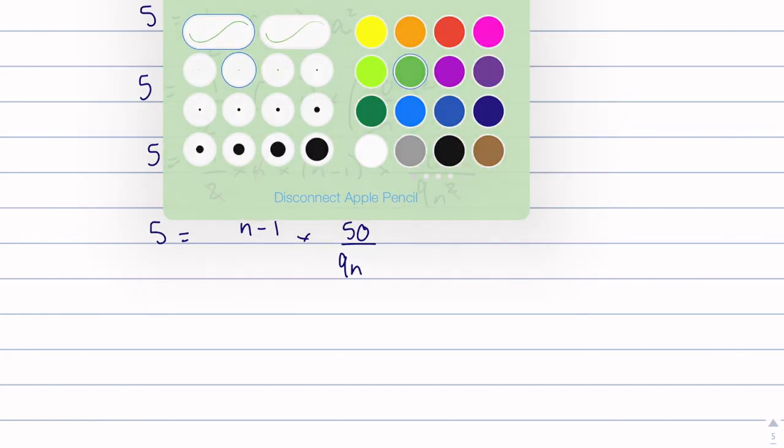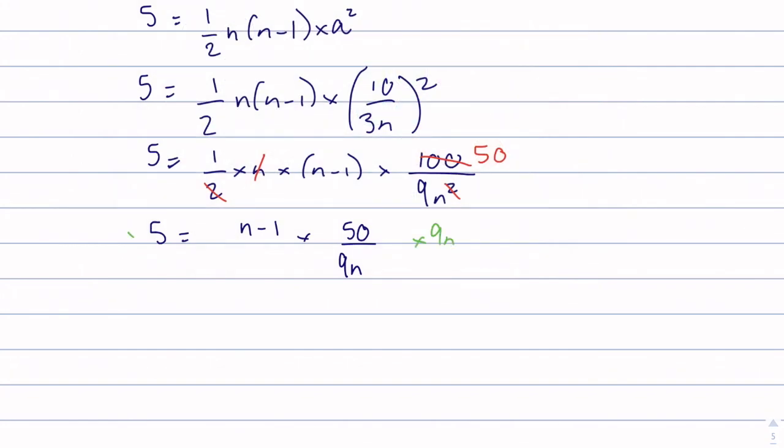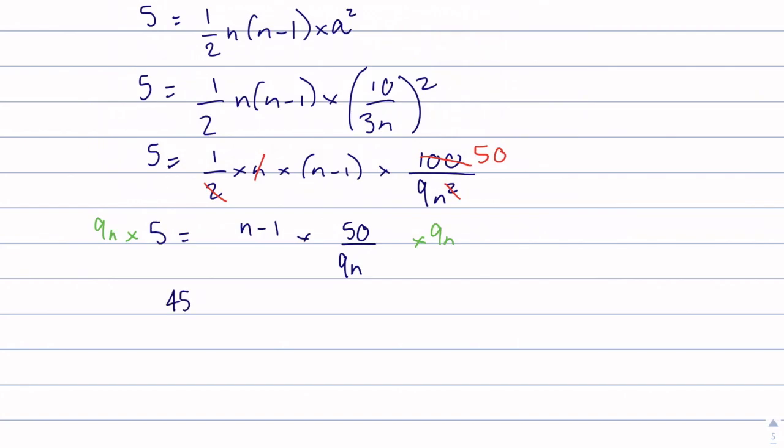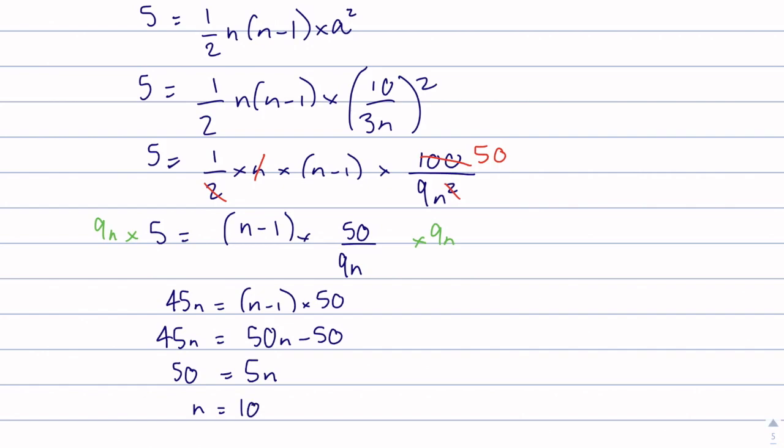I'm going to times both sides by 9n, because I don't like it being on the bottom. I've got 45n equals (n - 1) times 50. So I've got 45n equals 50n take 50. Which means I've got 50 equals 5n. So n equals 10.